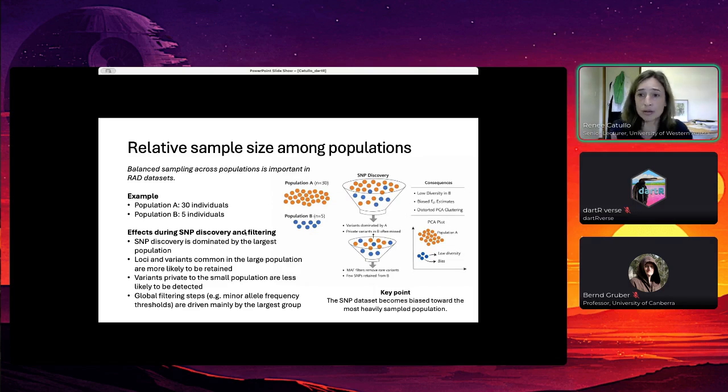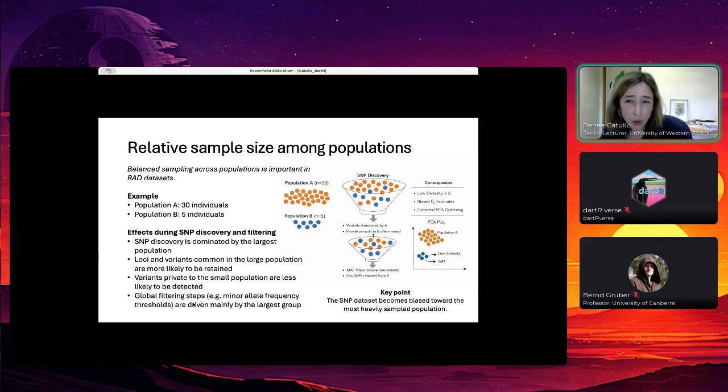This is really important in conservation, because often our less well-sampled populations are the ones that are harder to get to and declining the most. And we're underestimating the diversity in them if we have really biased sample sizes, and we're not accounting for that in our interpretation. So variants that are unique to that smaller population are less likely to be detected.